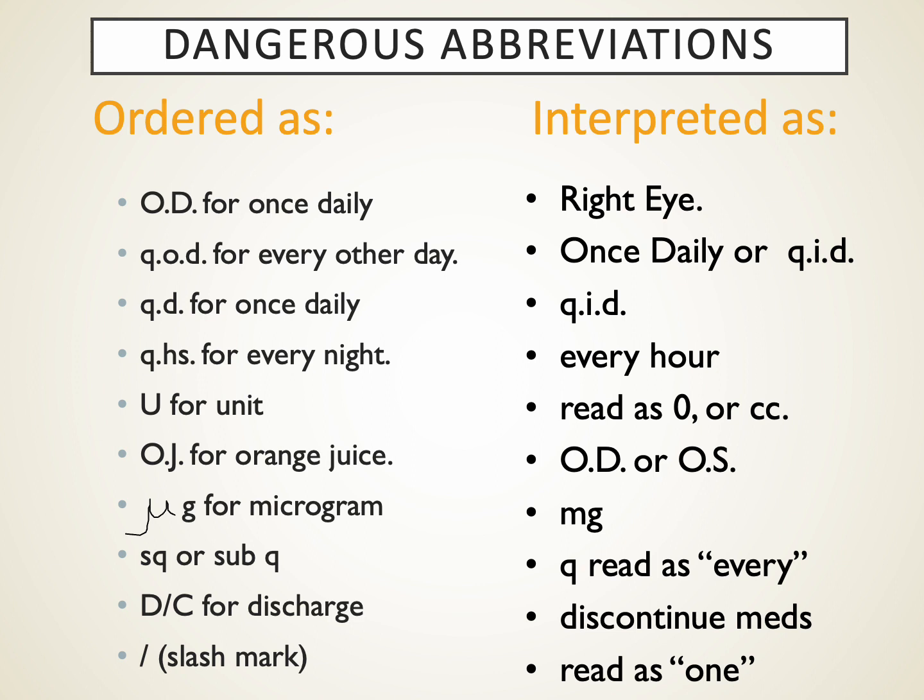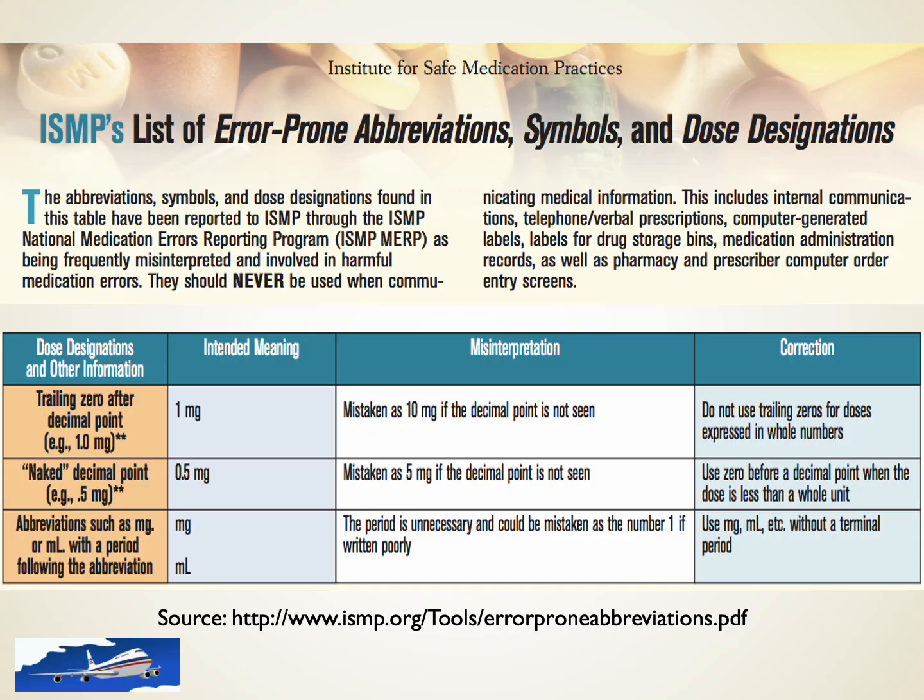We are careful about how we write or use symbols and other abbreviations. The ISMP has a list of error-prone abbreviations, and you can see the beginning of this list here. I encourage you to go to the ISMP website and look at some of the common abbreviations that are listed there.